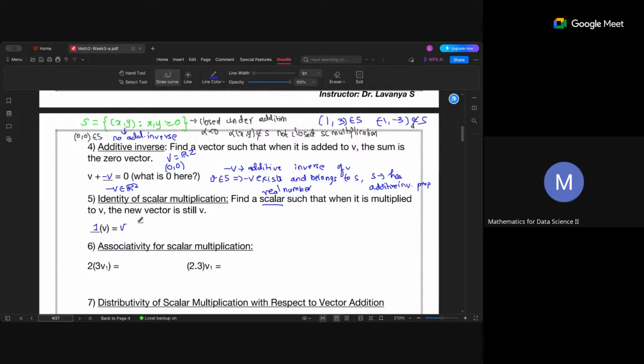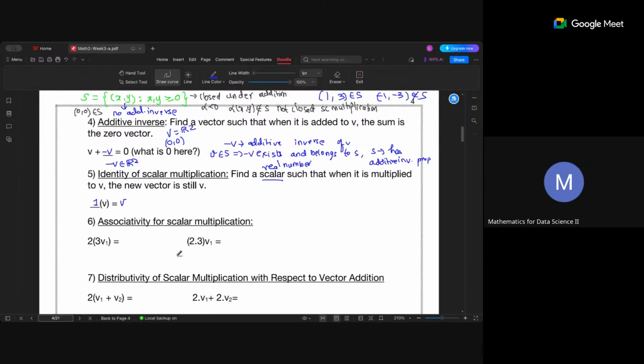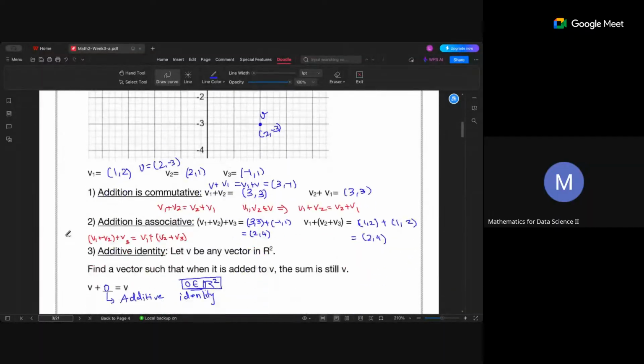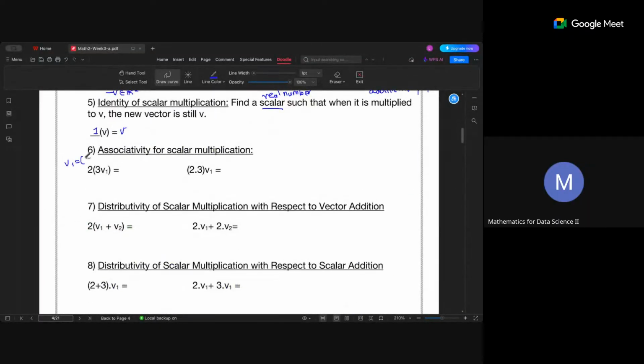Okay. Fine. So here, associativity for scalar multiplication. We have done this for changing brackets for addition. Now we are doing this for scalar multiplication. What is V1, if you remember? V1 is 1, 2. So what is 3 times V1? 3, 6.